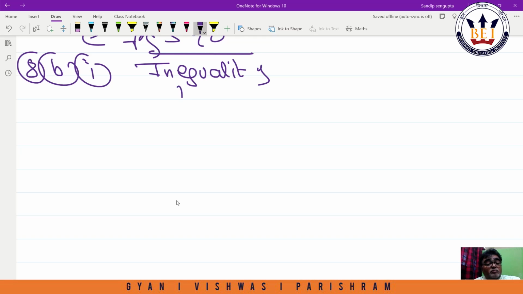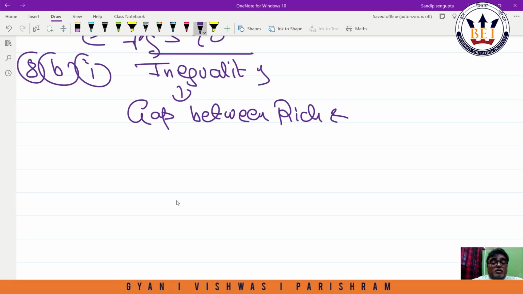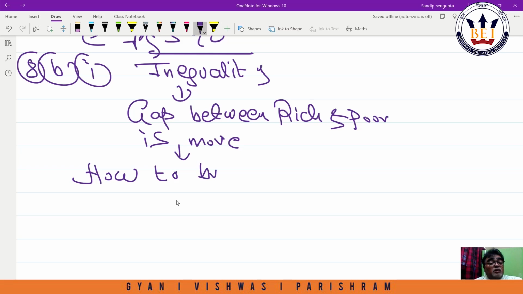Inequality means what? Gap between rich and poor is more. Developing country like India is this. So how to bridge the gap? This is my objective.